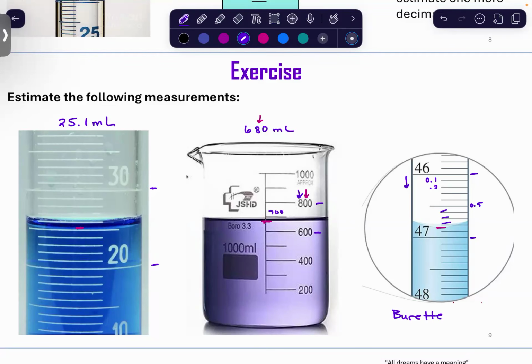It's past 46.8, but it's not quite to 46.9. And so what I estimated this at was 46.8. I'm sure about that. And then I estimated to 46.83 milliliters. And so then, of course, my 3 is my estimate.